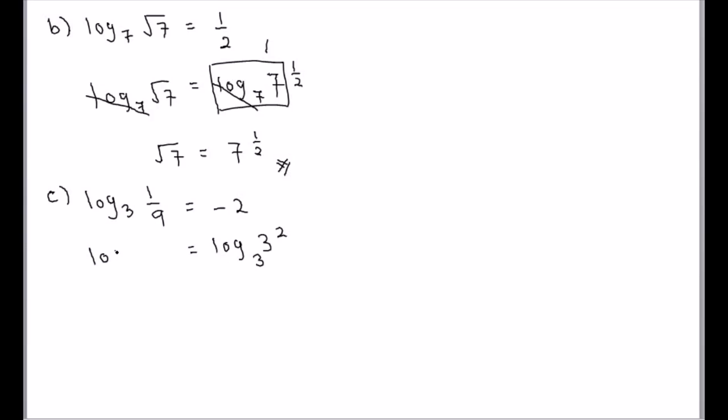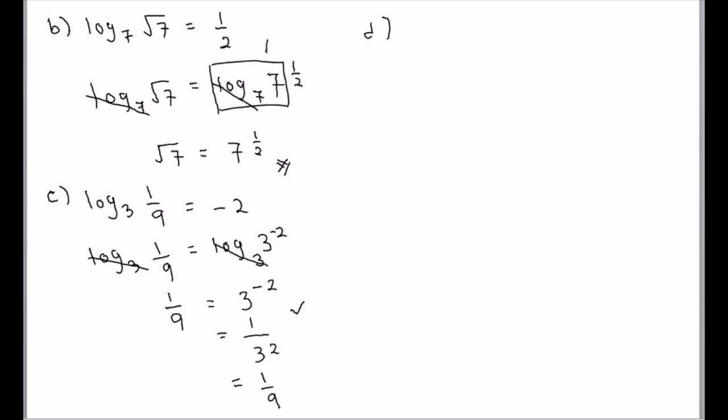And then just copy on the left. Next, we will cancel out log 3. So we get 1 over 9 equals 3 to the power negative 2. 3 to the power negative 2 is 1 over 3 squared, which equals 1 over 9. So on the left we have 1 over 9, on the right also 1 over 9, which makes our answer correct.